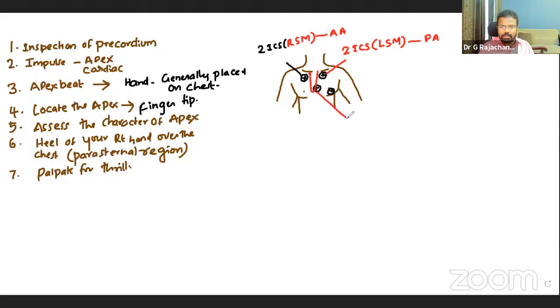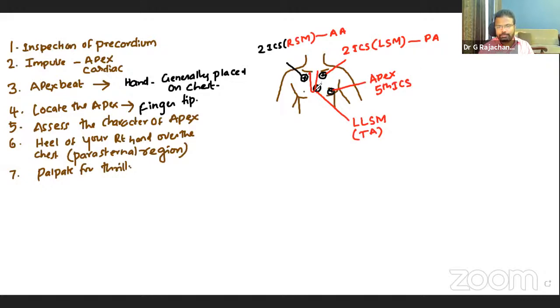Now this area, you see, is called the lower left sternal margin. Remember this is the lower left sternal margin. This corresponds to an area which is called the tricuspid area. Now this is another area which is exactly corresponding to the apex. It is in the 5th intercostal space.